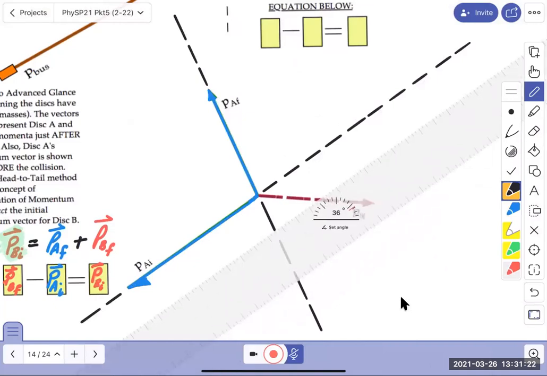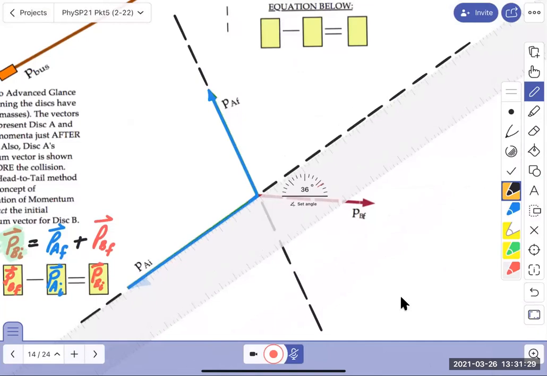All right, okay, I'm going to first slide PAI. So I just have to recreate it. You do this while I'm doing it. 9.5, 9.5, okay. 9.5: 1, 2, 3, 4, 5, 6, 7, 8, 9.